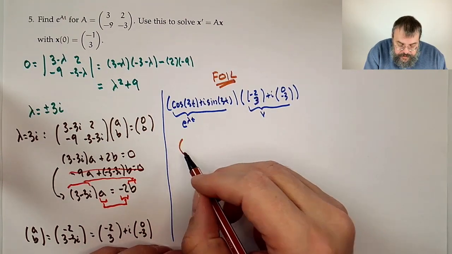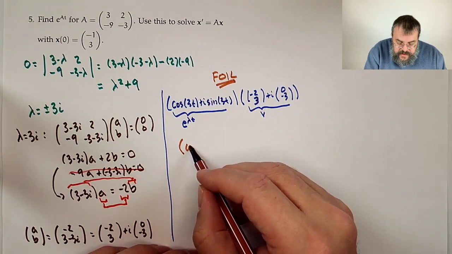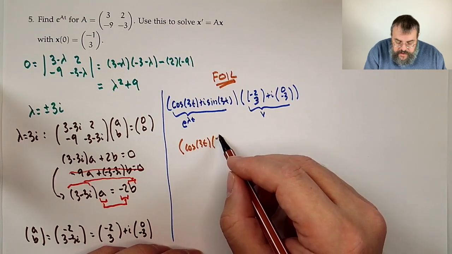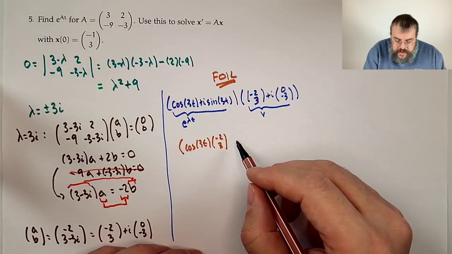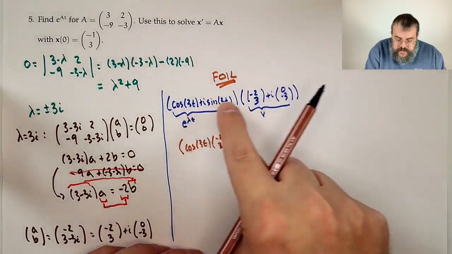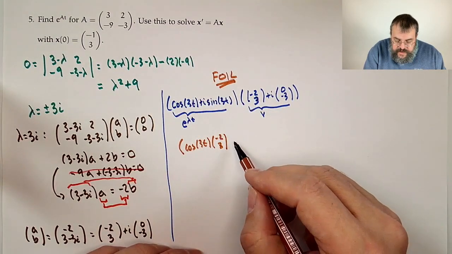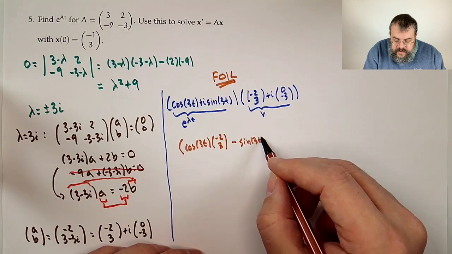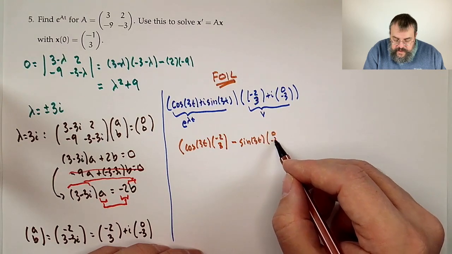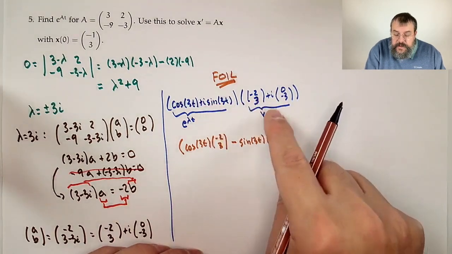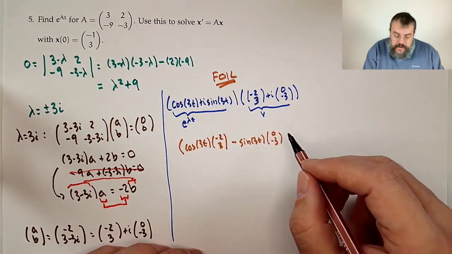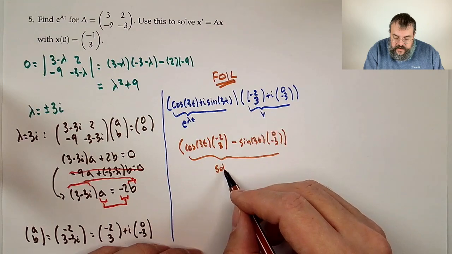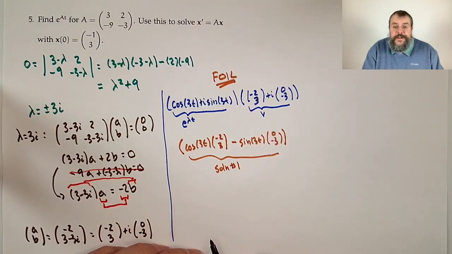So we end up with cosine 3t times minus 2, 3. That's the first. Subtract, now do the last, sine 3t times 0, minus 3. The minus here is because i times i is minus 1. Now, the key, this is our solution number 1.